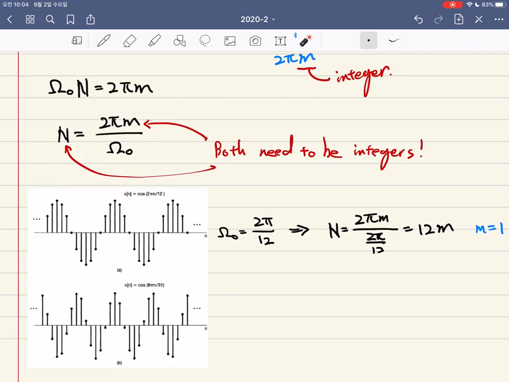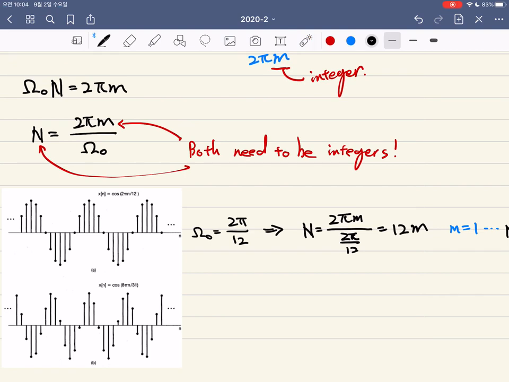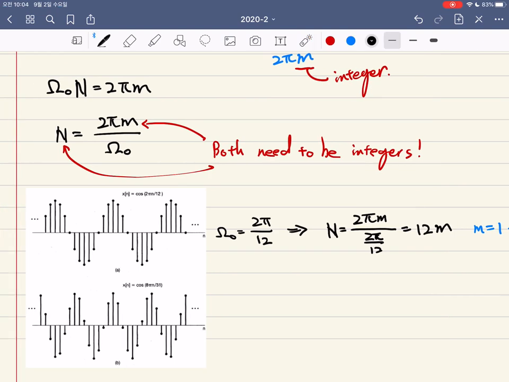Let's do the same thing with the second example. We have large omega 0 as 8 pi over 31.